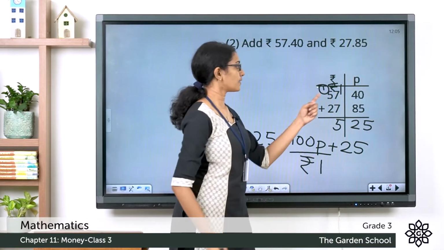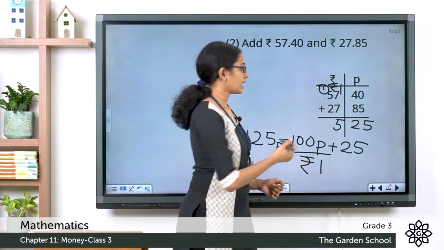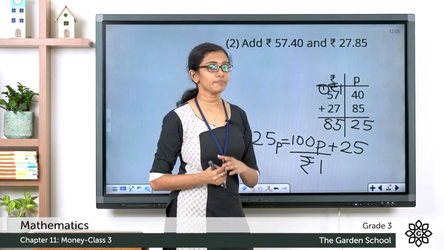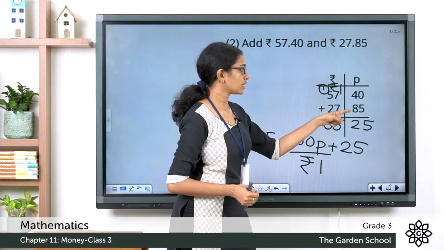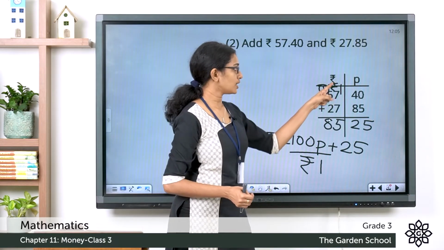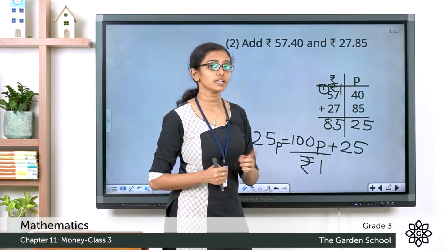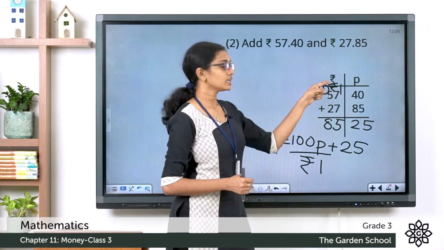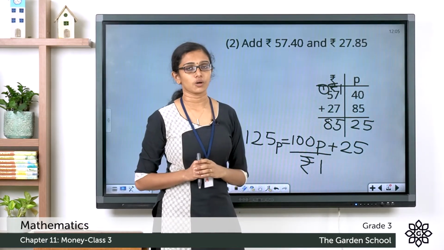Now 1 here, 5 plus 2, 7 plus 1, 8. It's just like normal addition, but keep in mind that when you carry over this 1 from this 12 to the next column, you are actually carrying over 100 paise or 1 rupee to the rupee column. Just keep that in your mind.